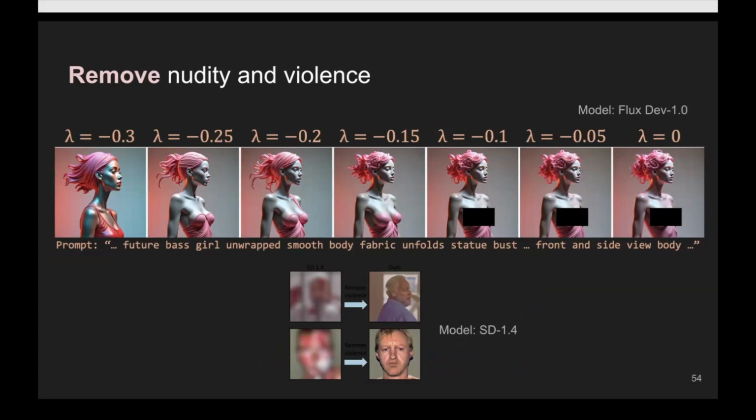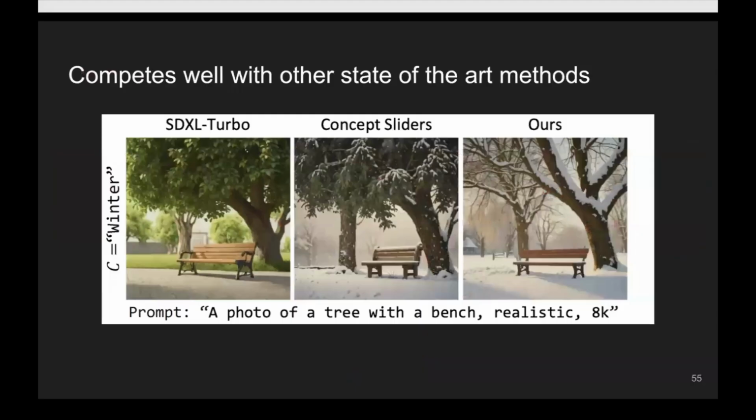So you can train it once and use it on any model, any diffusion architecture of your choice. So this was for concept removal. Nudity and violence were the examples. It does compete well with other state-of-the-art methods. In this particular case, we wanted to change the environment or the style.